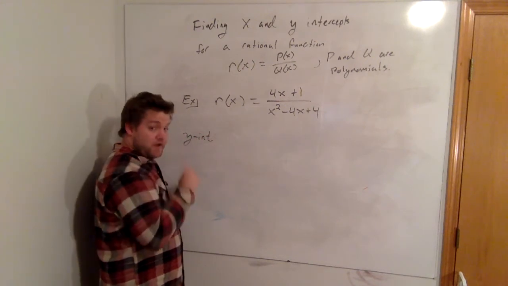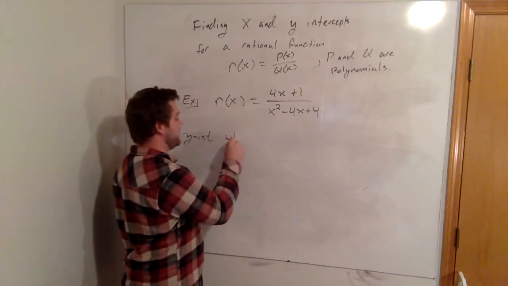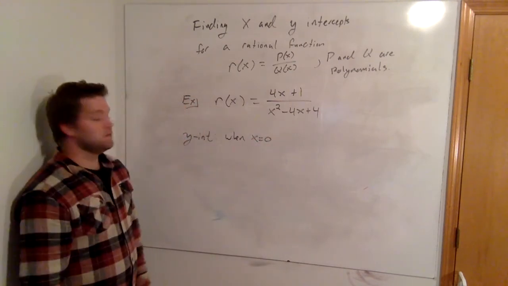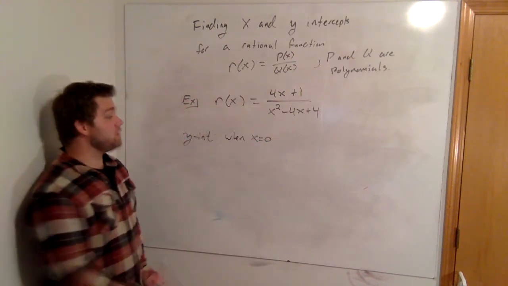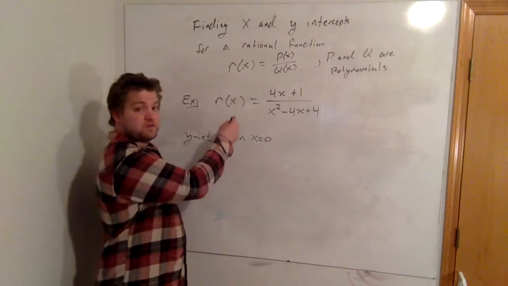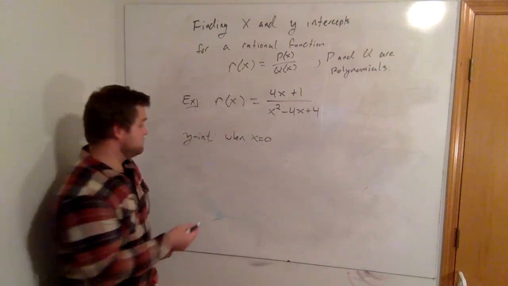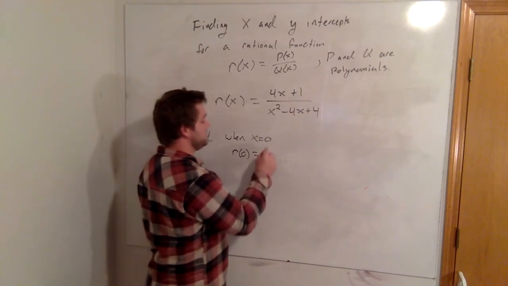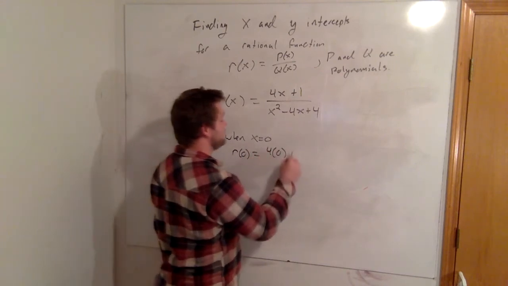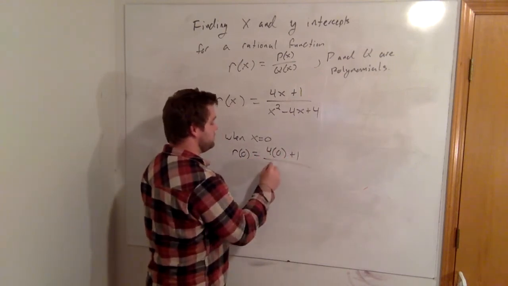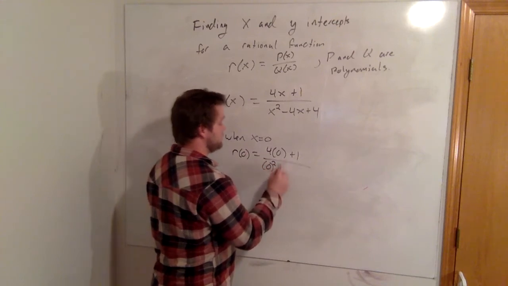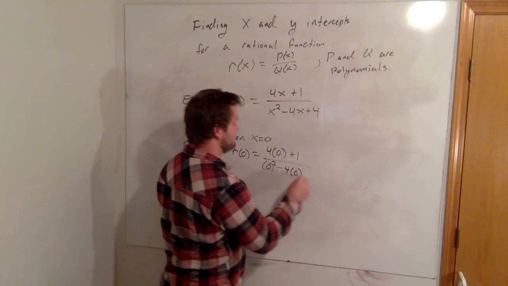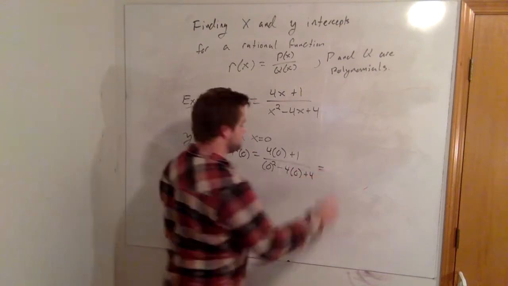Remember, a y-intercept is when x equals 0. So I'm simply going to plug in 0 into this function and figure out what the output is. So r of 0 is going to be equal to 4 times 0 plus 1 all over 0 squared minus 4 times 0 plus 4.